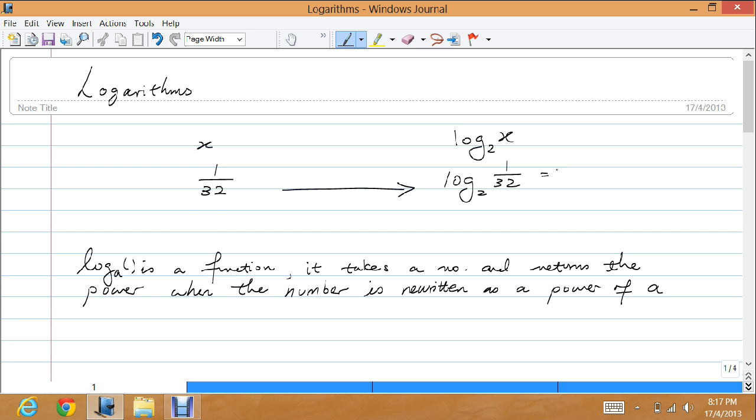Now, if you take a moment to think about it, 1 over 32 is actually 2 to the power of -5, right? So since -5 is the power when I rewrite it in terms of base 2, the answer to this is -5. So as you can see, logarithms can take negative or positive values. However, the number you put in, x, must be positive.